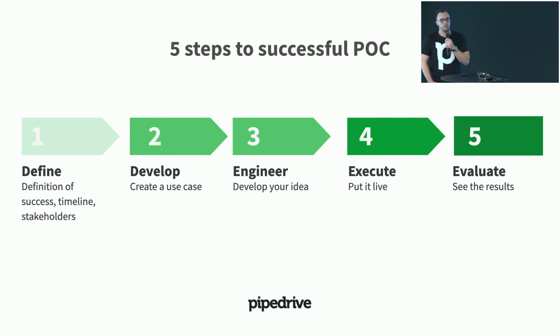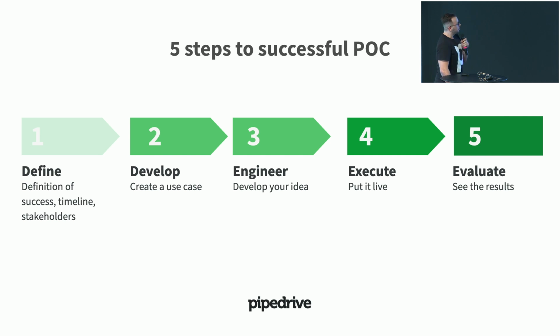First, you define the problem, the timeline, and the stakeholders, and after that, you develop the use case, you make it more concrete. Then you engineer it, you put your idea into code, and somebody needs to put it live as well. And the most crucial stage is that you actually need to evaluate it. You need to see the results, and it may even create a loop.